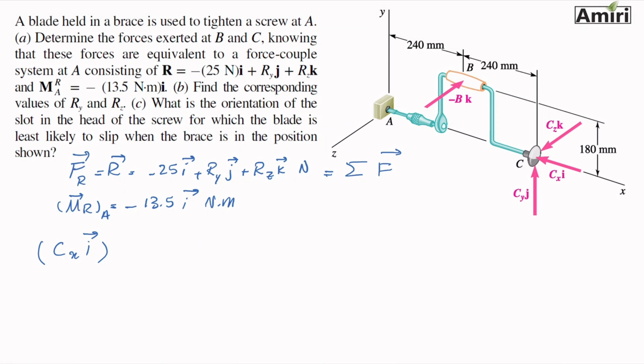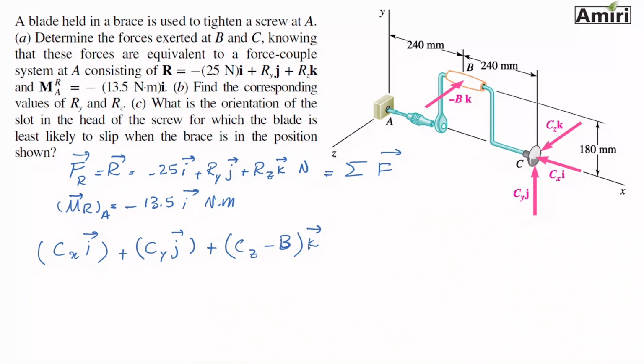That's the only I. The only one in J direction is Cyj. In K direction, I have Cz and I have minus B. It gives me minus B. I'm going to use just minus B as well.